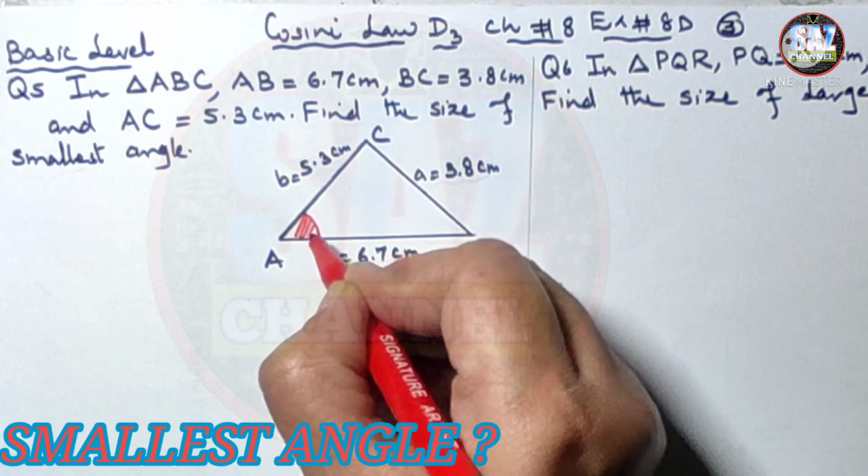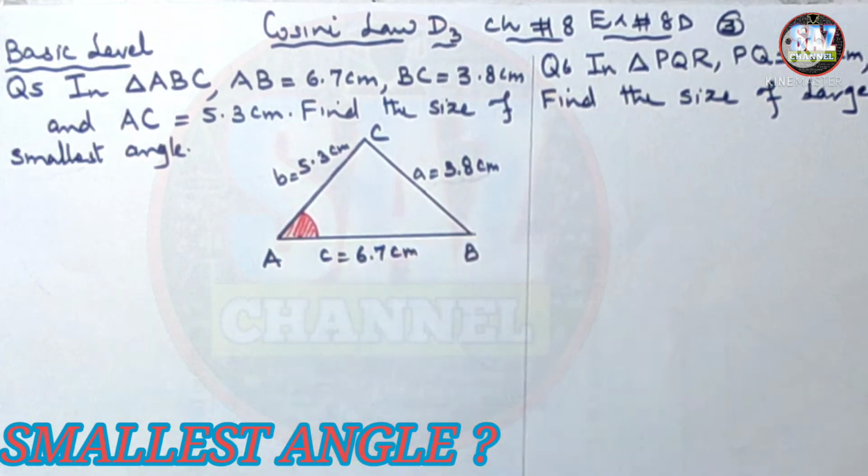Must read and follow the instructions of the question. Do not show unnecessary calculations. I'm not going to find all of the angles here. I will just be finding the requirement of the question, and the requirement is the smallest angle.